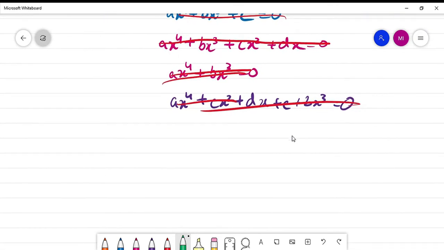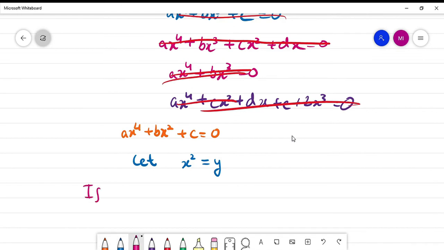So, now say we do have an equation of the type ax to the 4th plus bx squared plus c is equal to 0. What are we going to do now? How are we going to solve this? Well, we're going to let variable x equal another variable y. So we're going to let x squared equal y, and then if we square both sides of x squared is equal to y, we get x to the 4th is equal to y squared.